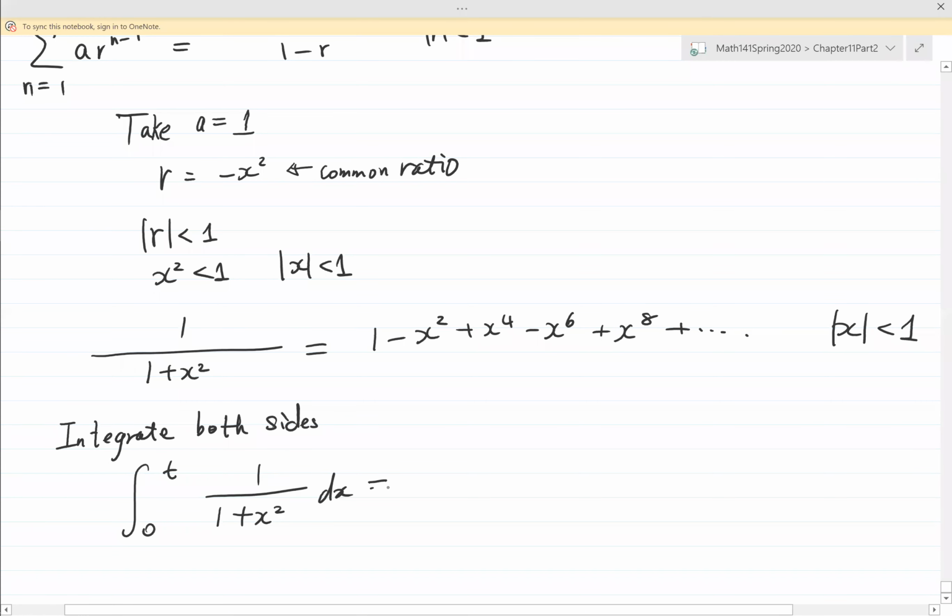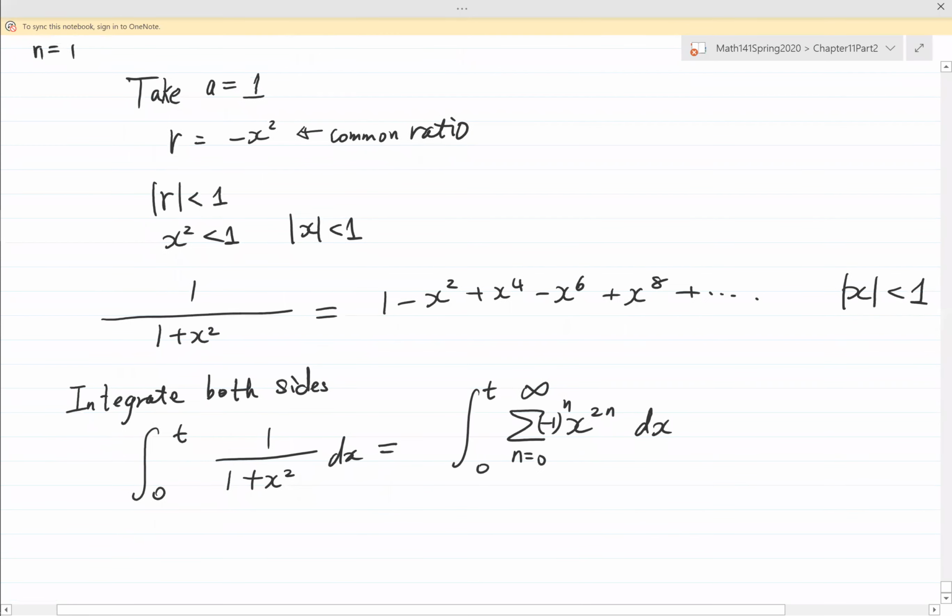So we get the integral of this sum, n from 0 to infinity, dx, from 0 to t. Now, as I mentioned earlier, in this course we can always switch to term-wise integration. In general, we may not, but in this course our functions are nice, so we can do that.